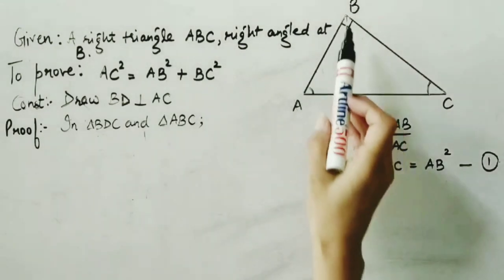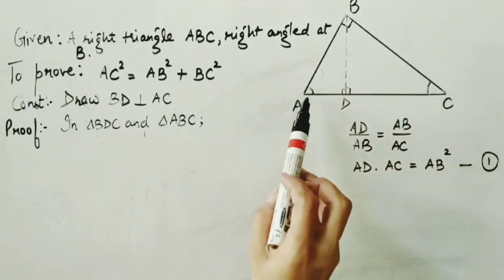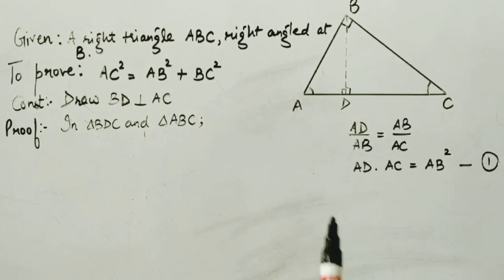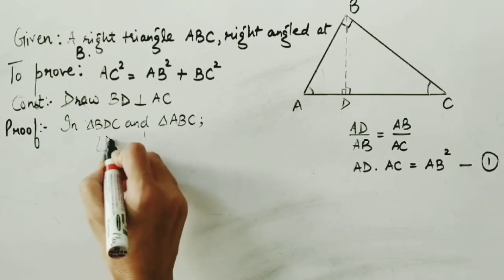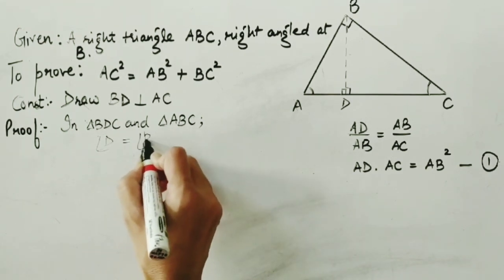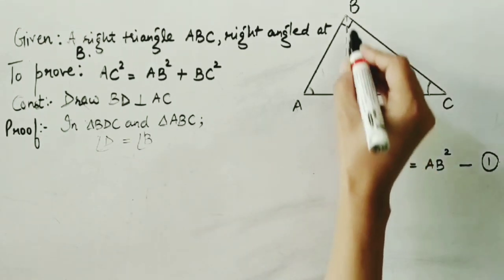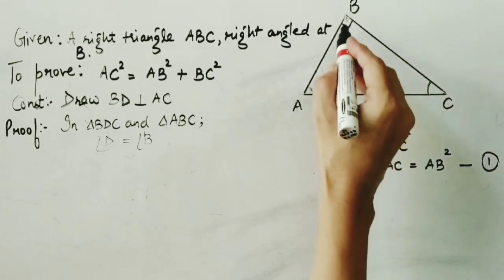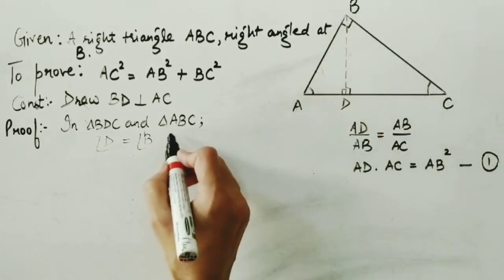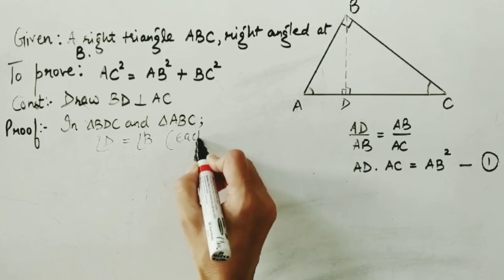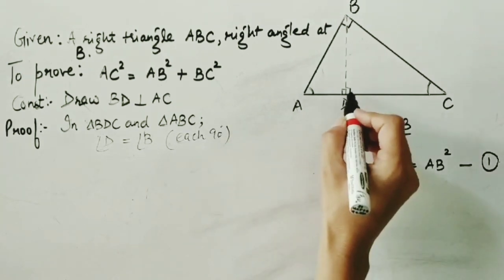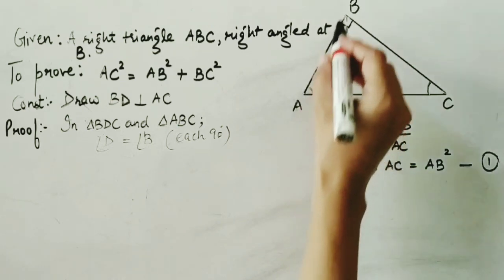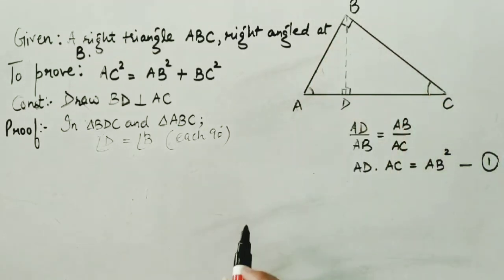Okay, now we are comparing triangle BDC and triangle ABC. Here we need to look for a minimum of two angles. Let's see the first one. Angle D of triangle BDC and angle B of triangle ABC are each 90, because the perpendicular was made, so this is 90, and it was a right angle triangle, so B was 90.